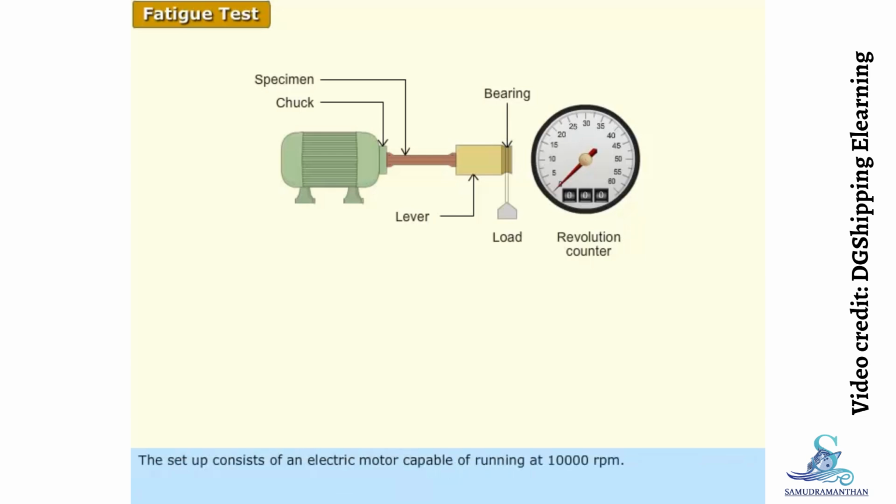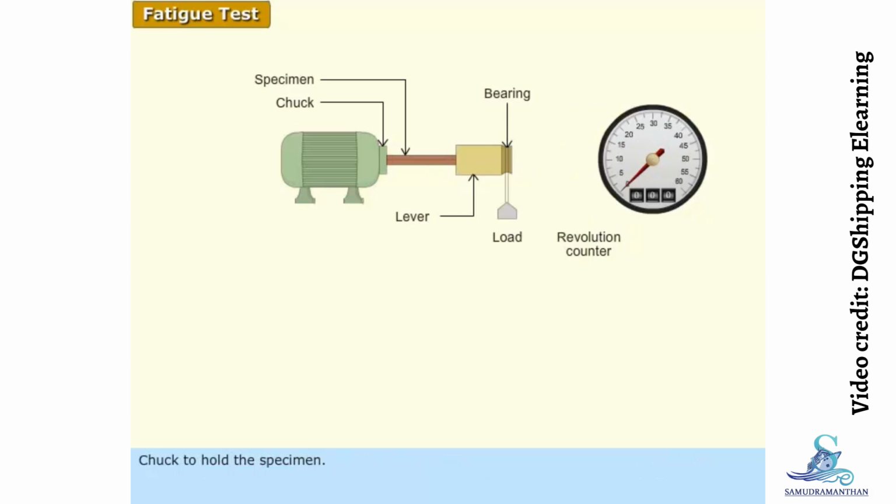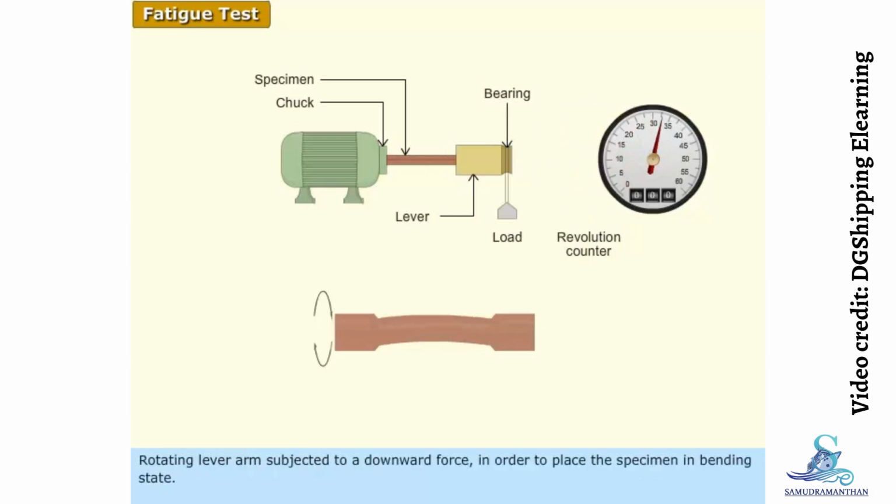The setup consists of an electric motor capable of running at 10,000 RPM, an appropriate bearing which relieves the electric motor of the large bending moment, a chuck to hold the specimen, a rotating lever arm subjected to a downward force in order to place the specimen in bending state, and a revolution counter that measures the number of revolutions the specimen has undergone.